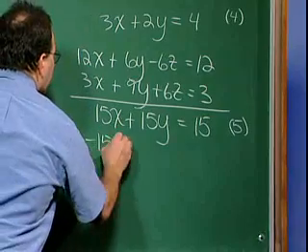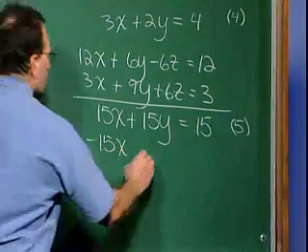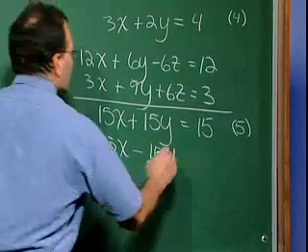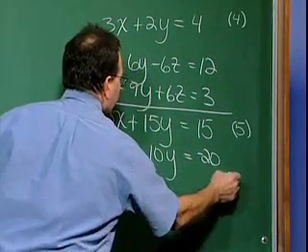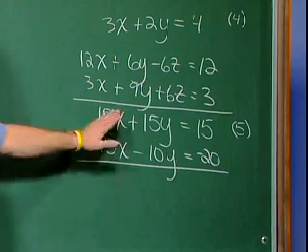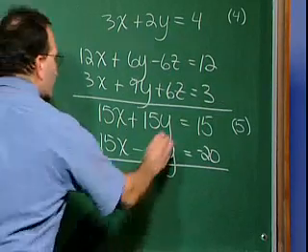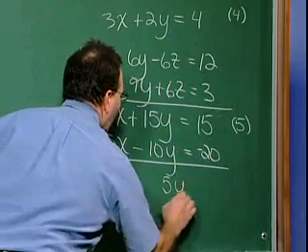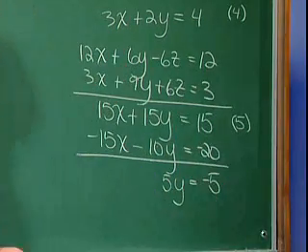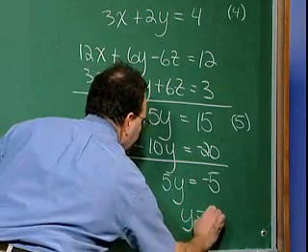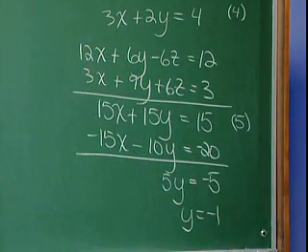That'll give me negative 15x minus 10y is equal to negative 20. I will add those two equations together, and of course the x's will drop out, and it will leave me with 5y equals negative 5. That will give me y is equal to negative 1.